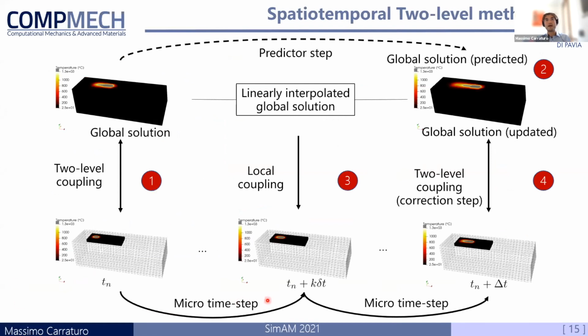So we have a lowercase delta t, which is the time step size for the local problem, and an uppercase delta t, which is the time step size for the global problem. So we have two different time scales in the global and in the local problem.